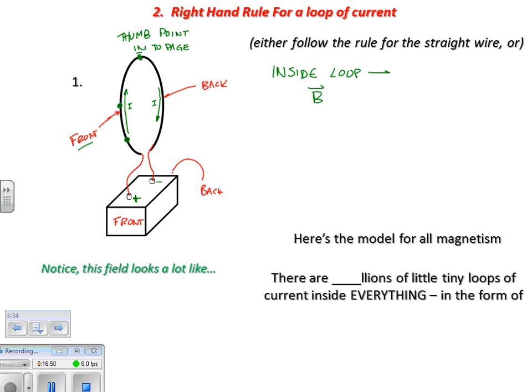No matter where you do it, inside the loop, the magnetic field is going to point to the left. And then outside the loop, no matter where you do it, B is going to point to the right.